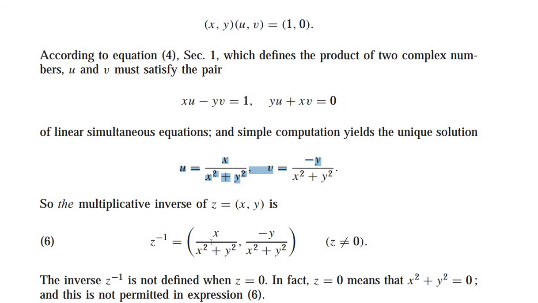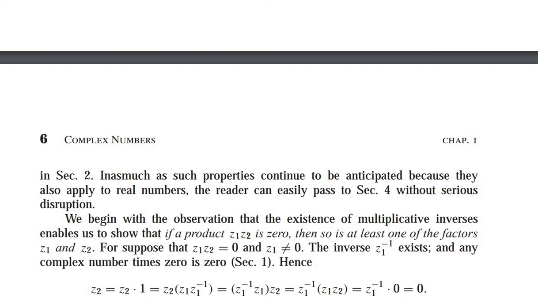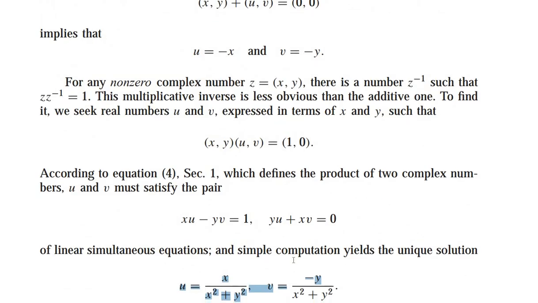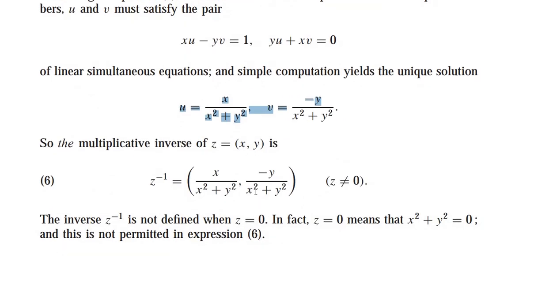For this purpose we use this formula: the real part x over the real part squared plus the imaginary part squared, comma, and minus the imaginary part over the real part squared plus the imaginary part squared. This is the formula. Generally, if we have any question about this, then we use this formula and calculate the inverse.